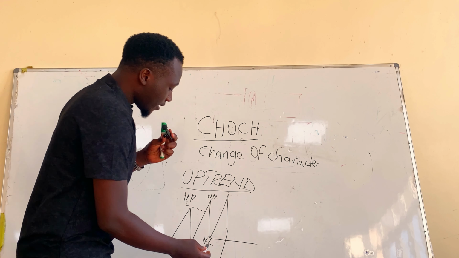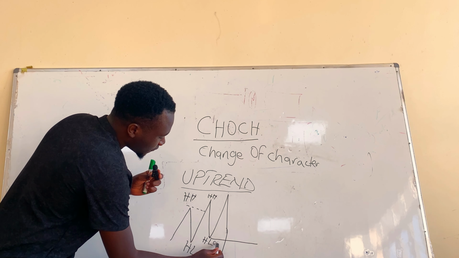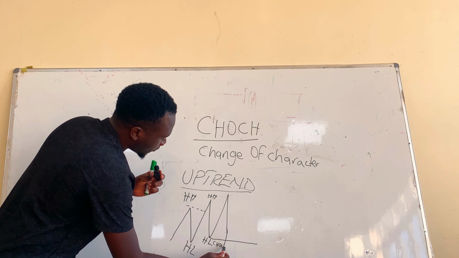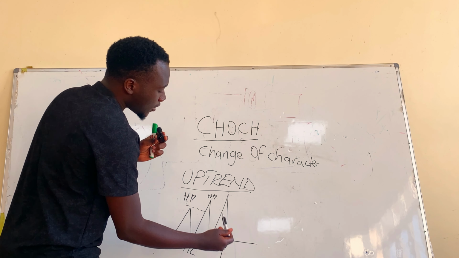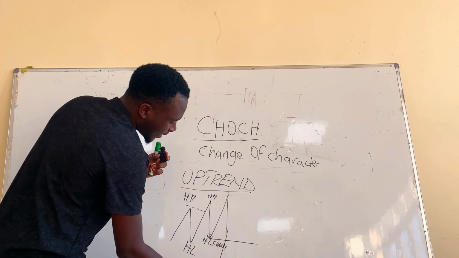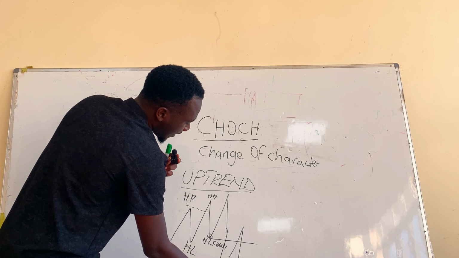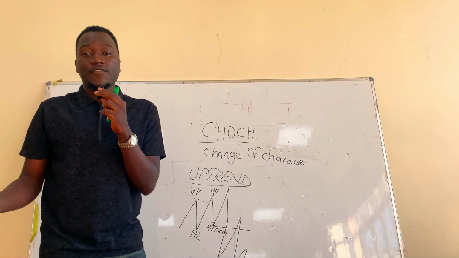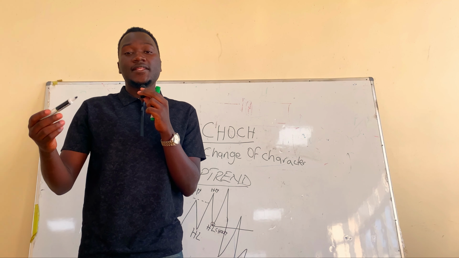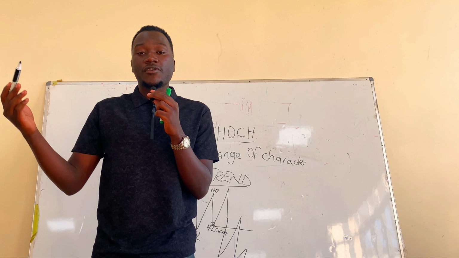Because if it breaks through this, now our change of character is going to be marked here, because it has taken out the most recent higher low. Now usually price is going to come back and start pushing all the way down, because it is now changing direction.